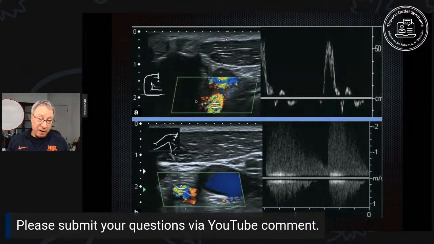And what's happened here is the top picture shows this axillary artery with the arms down. And the bottom picture below the purple line shows the axillary artery with the arms up. And what's happening is the artery is being highly compressed and the blood flow is squeezing through that narrow area like a garden hose when you put the thumb over the end.